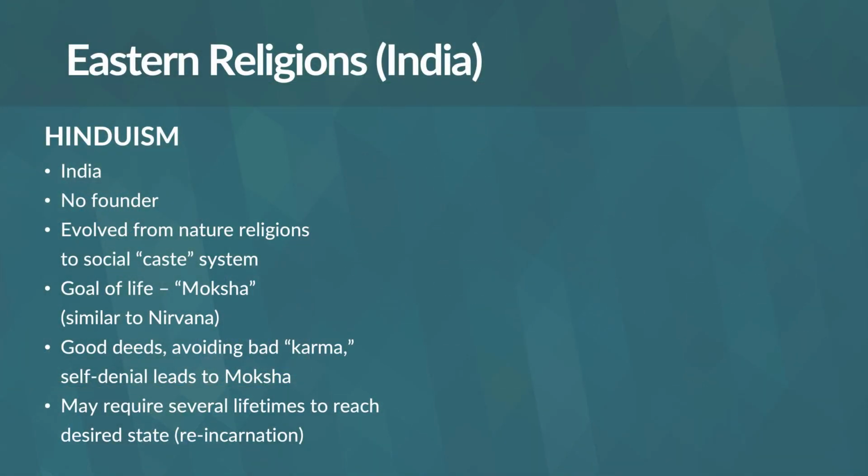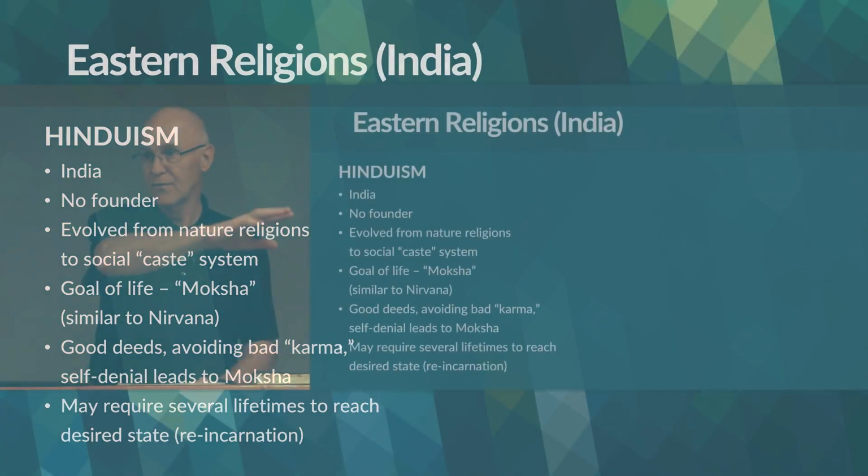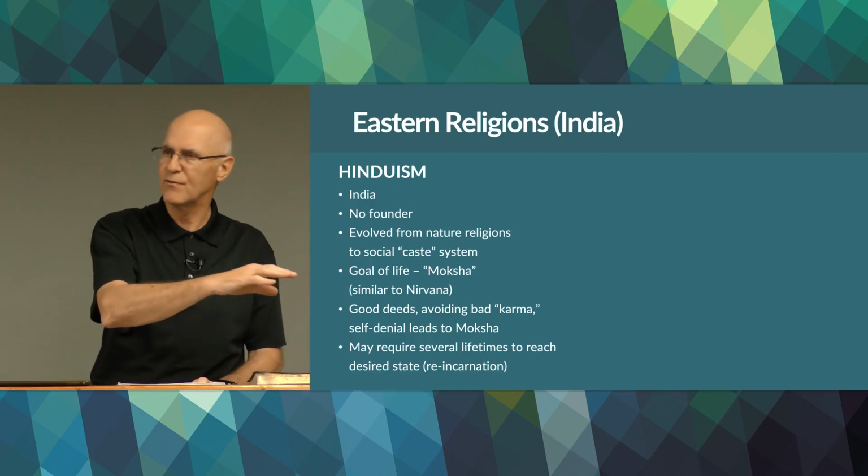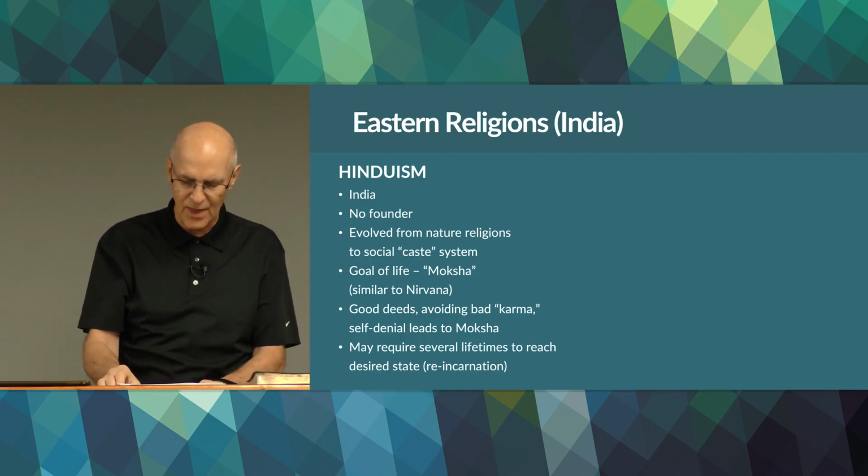Eastern religions, the first of which is Hinduism, which began in India. It is the oldest organized religion still practicing today. It began roughly 2000 BC. There is no founder. It evolved, another religion that evolved from nature religion. This is why I talked about primitive religion, because a lot of the organized religions evolved from primitive religions, and Hinduism is an example of that.